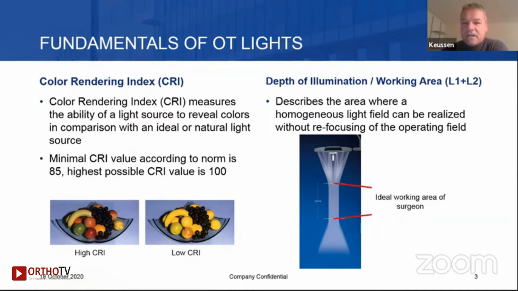This is the area of a very harmonic light column, as you can see, which is the ideal working area of a surgeon, at about 1 meter plus minus distance from the light to the surgical field. In this area, you do not need to refocus while operating, and you still have the same light quality.